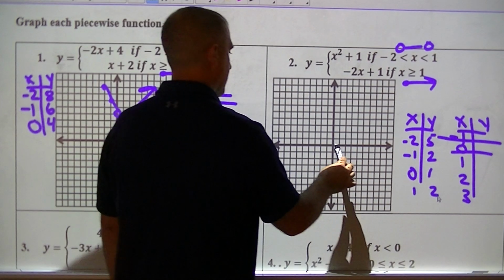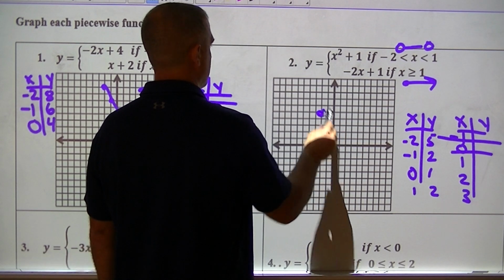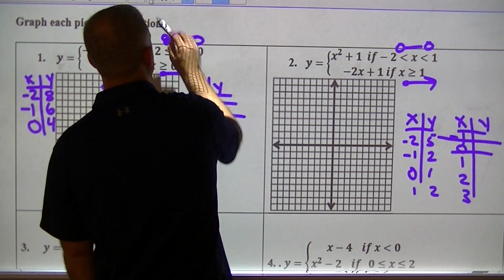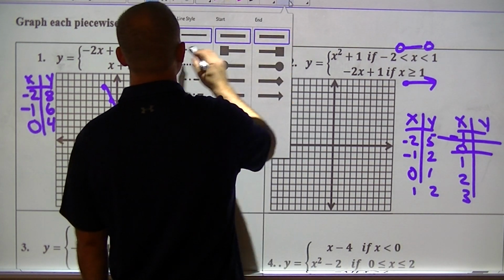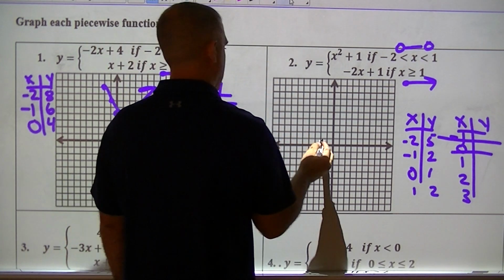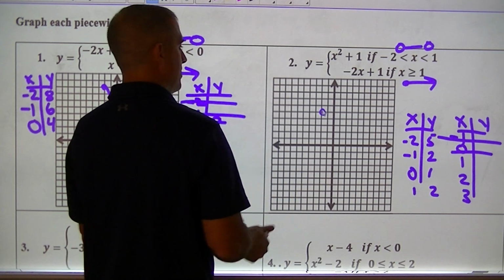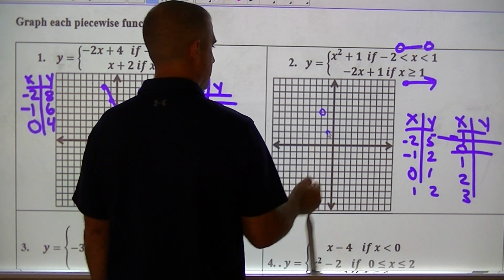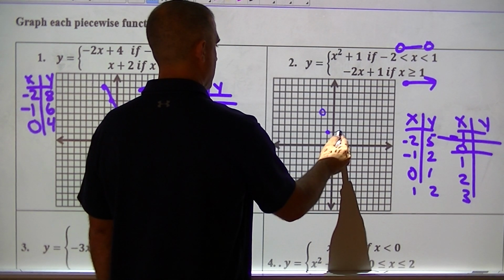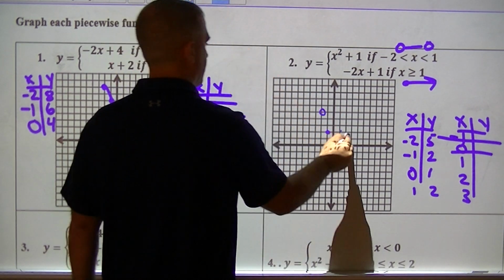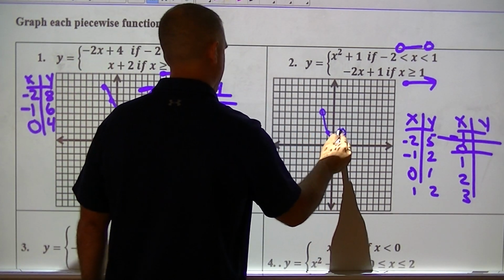So -2, 1, 2, 3, 4, and 5. Open. That's not a very good open circle. Let's make this just a little bit smaller. -5, -2, 1, 2. So that's open. -1, 2. It's there. 0, 1 here. 1, 2 here. That's going to be open as well.